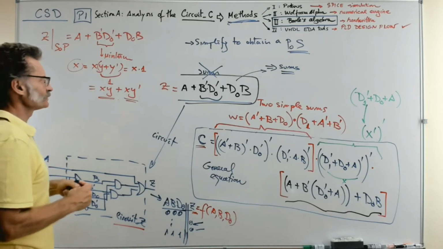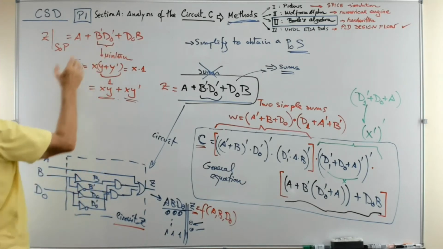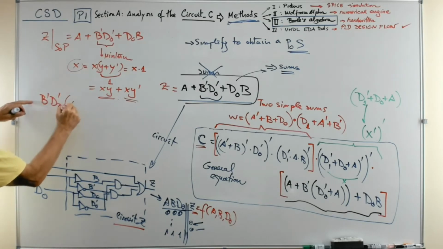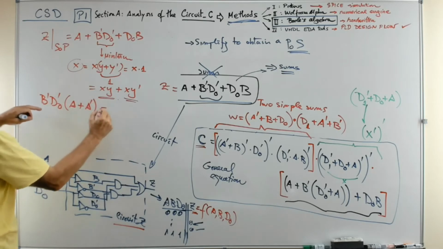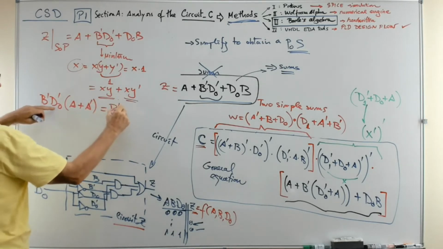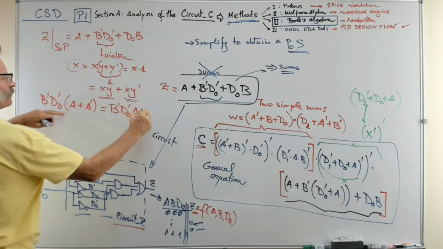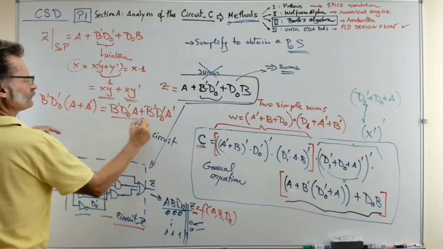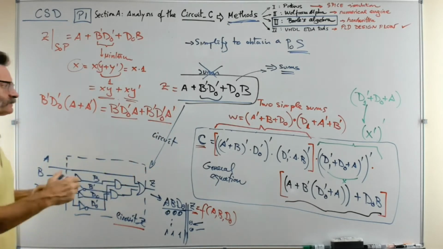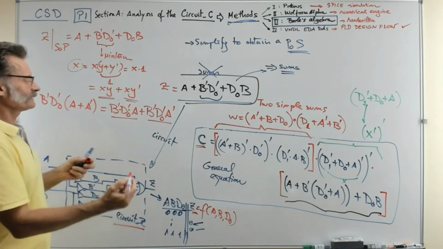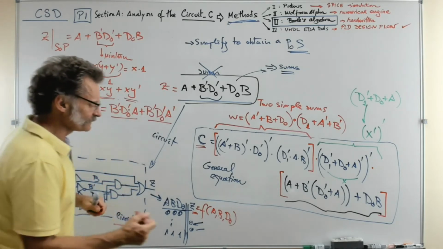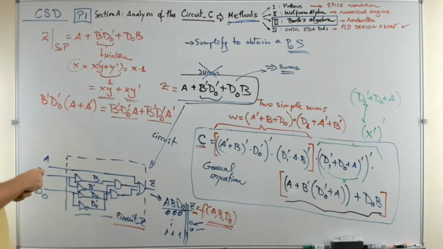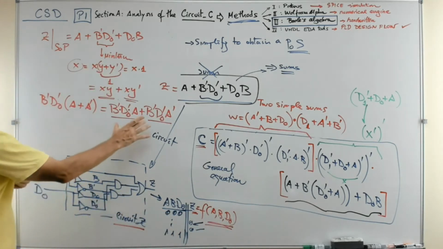So this is what you can do here to transform this B naught, D0 naught: multiply by (A or A naught). Doing so, you get B naught, D0 naught, A, or B naught, D0 naught, A naught. You see, two factors. The factors now are products, and if you rearrange them in the right order, you get minterms of this function, because you have a sum of two minterms here.